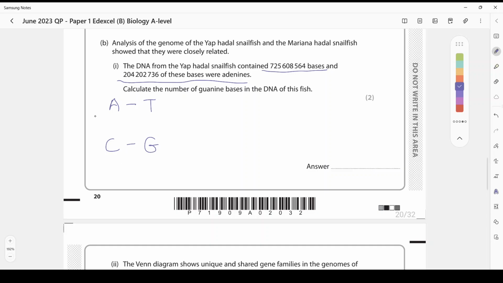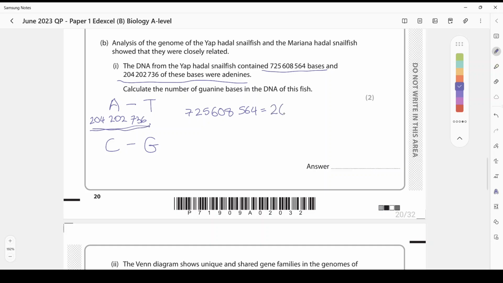Okay, so we have 204,202,736 for both of these bases, for both adenine and thymine. So we can write that out as, okay, this is going to be a very ugly equation. 725,608,564 should equal 2 times this number, because you would have this amount for adenine and this amount for thymine.